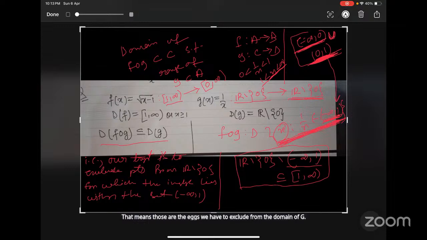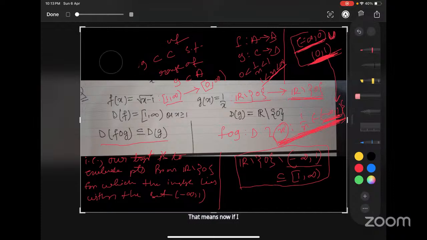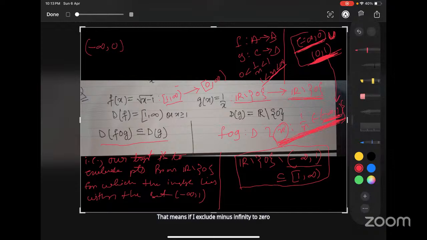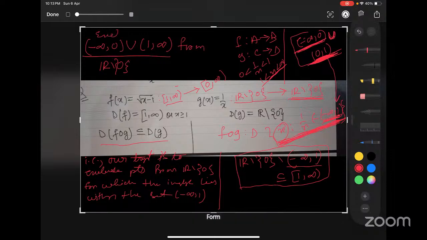So if I write it briefly, if I exclude minus infinity to 0, union 1 to infinity, from R minus 0, we are excluding this set from this set.